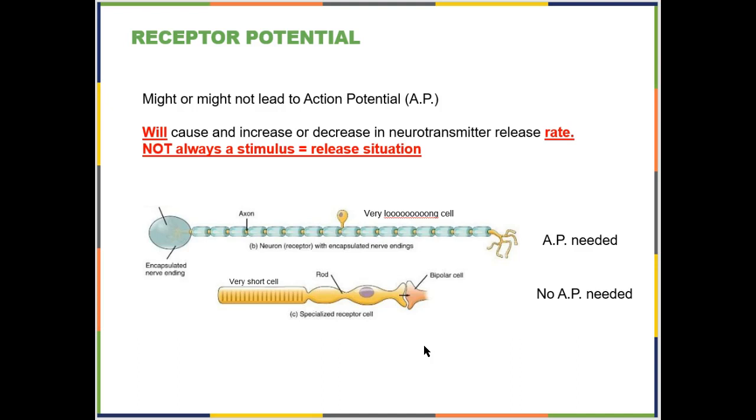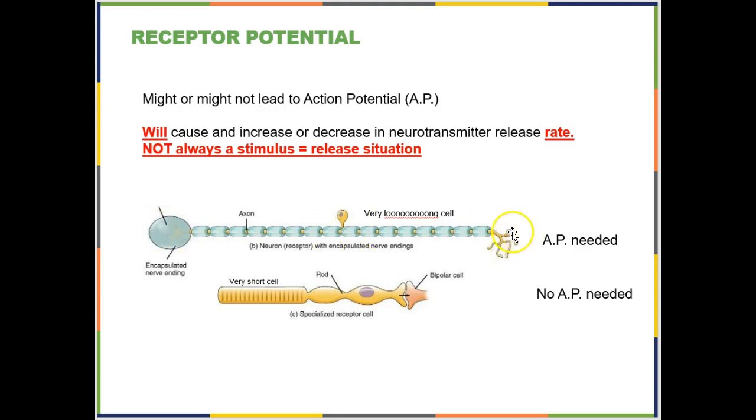So then this receptor potential may or may not lead to the formation of an action potential, and this is dependent on what kind of sensory neuron or receptor neuron we're talking about. In the case of this cell here, you can think of this as one of your traditional sensory neurons. So maybe this encapsulated nerve ending here is out in your thumb, right?